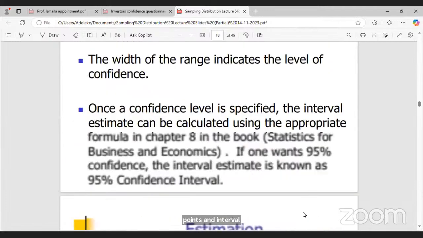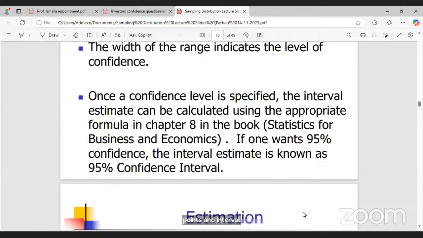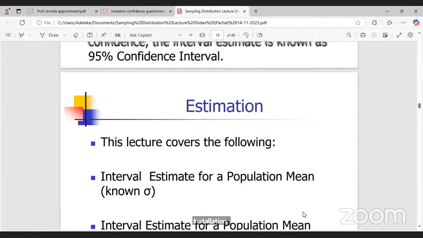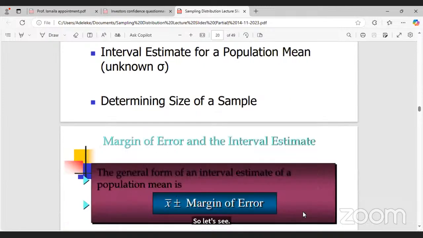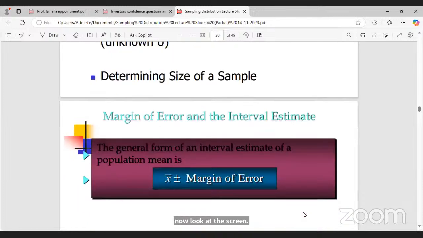estimation. So let's see how we can apply the estimator. Now, look at the screen, the margin of error. The margin of error is added to your estimate to give you the upper bound.